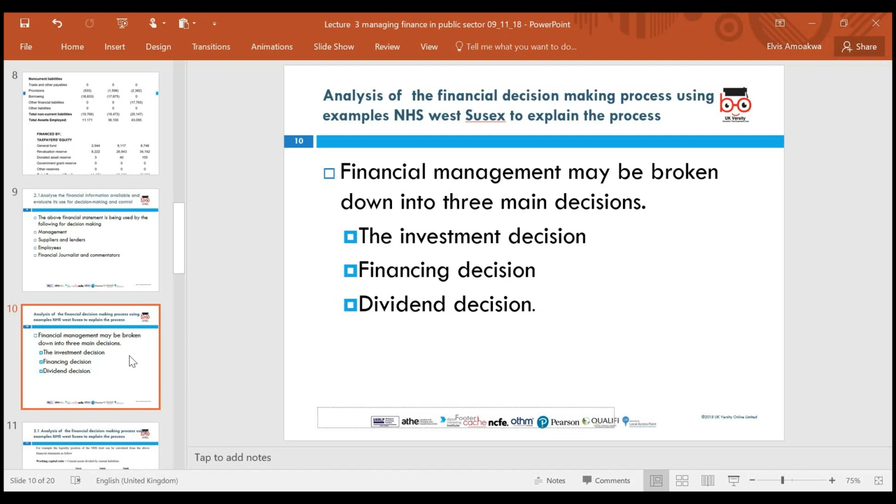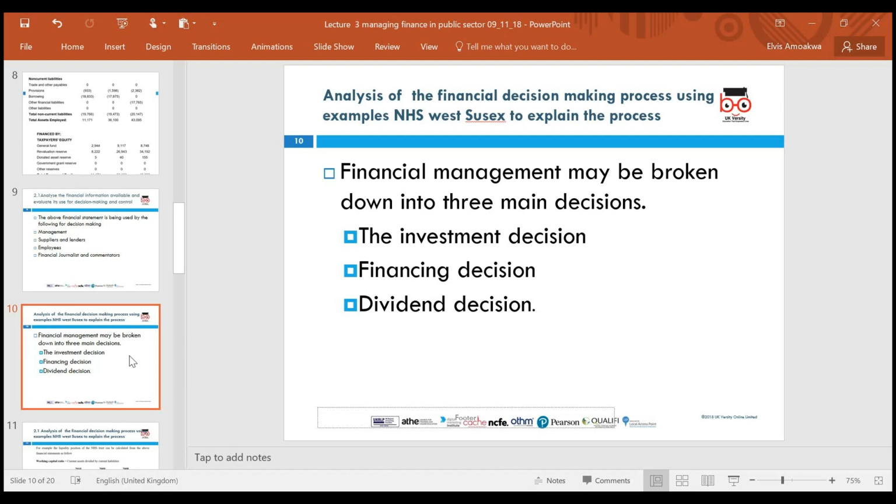And then financing decision. If any bank wants to finance NHS West Sussex, they are going to decide, looking at the financial position of NHS West Sussex, their balance sheet, is it something that the banks will be willing to put money into? So in terms of financing the organization, you have to base all your decision on the financial information provided by the organization in a particular year.